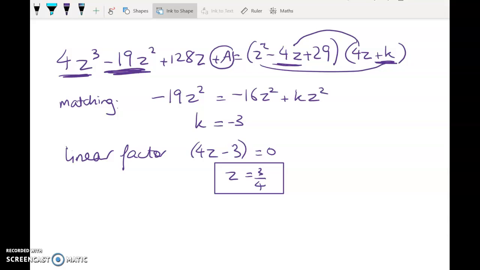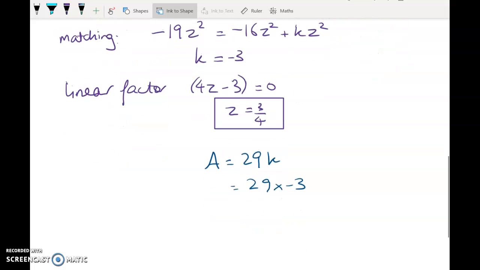But now that I've factorised that, we can do that very easily from here, right? We know that a is equal to 29k, coming from that very last term. So 29k will be 29 times negative 3, which is negative 87. So there you go. That's the first question done.